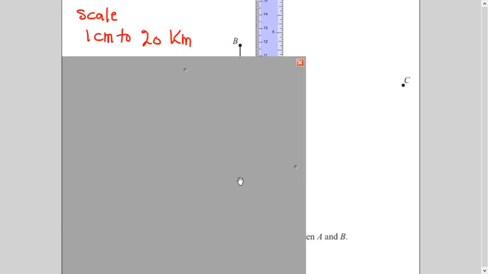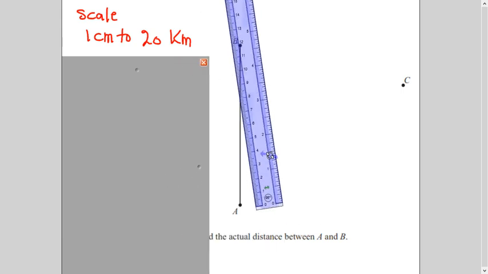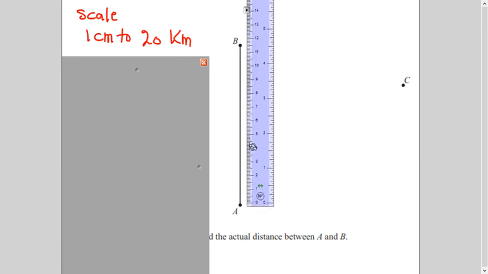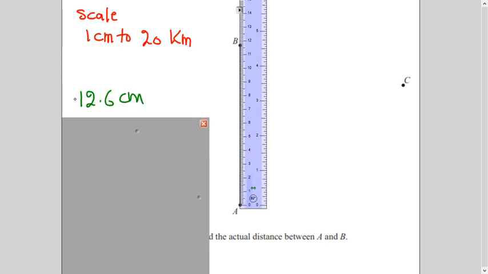So now you will pick up the ruler and bring it closer and measure it. For example, this is approximately 11.6. Oh, by mistake, I have written 12. Let me write it 11.6.